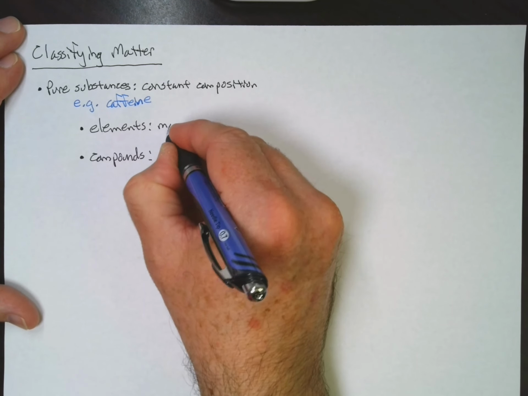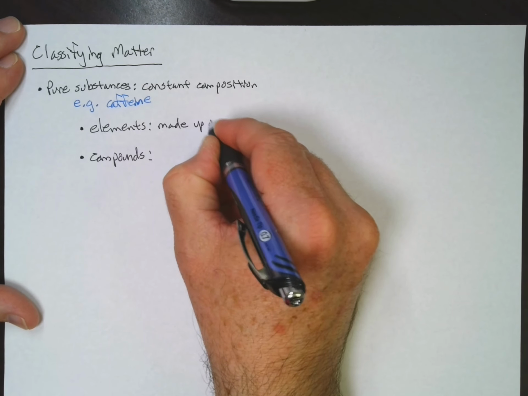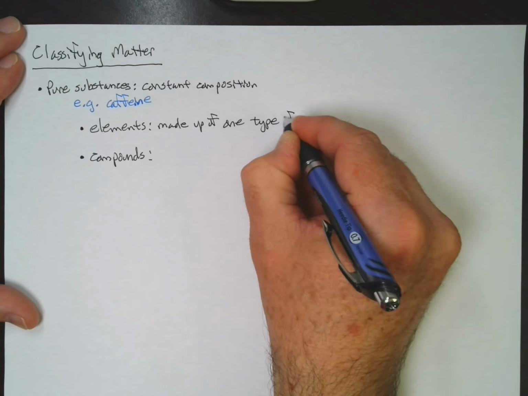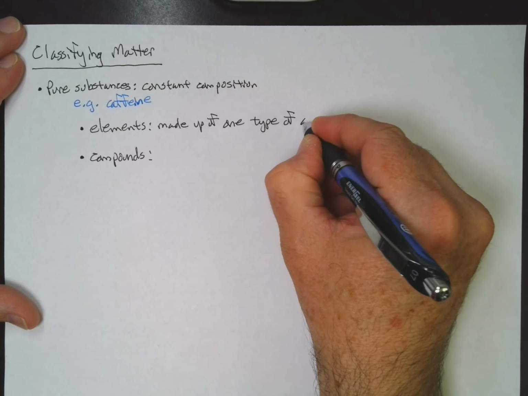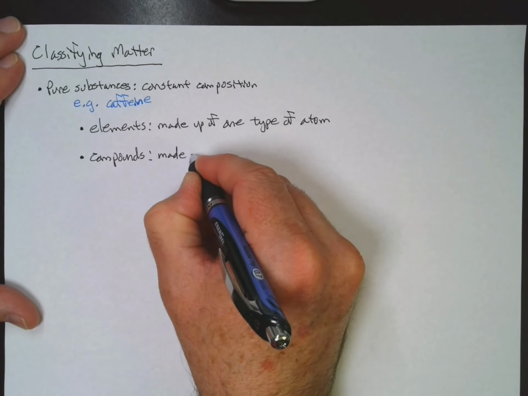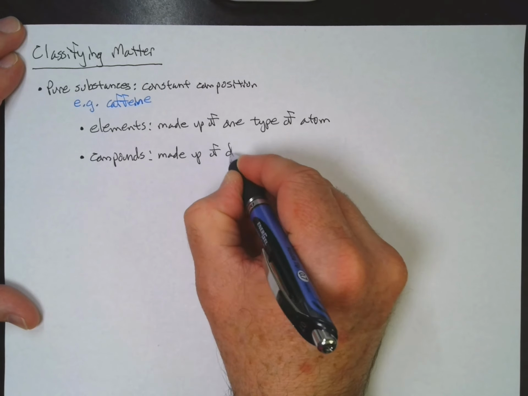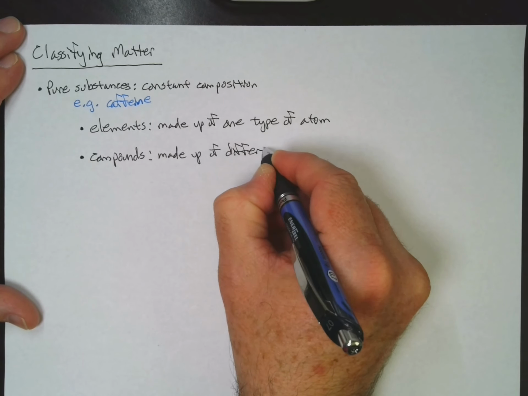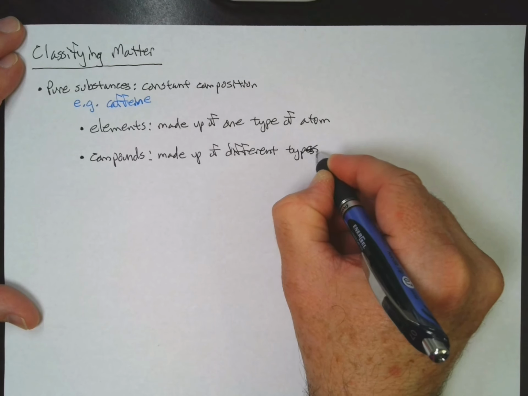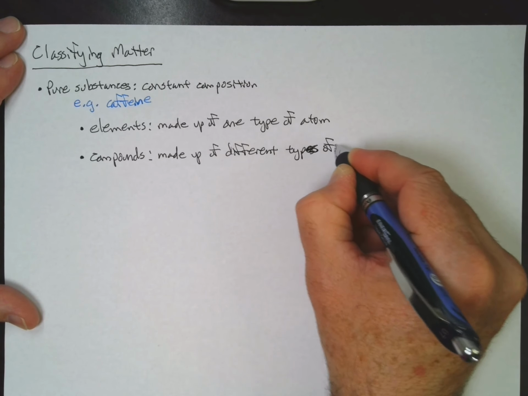Elements are made up of one type of atom, and compounds are made up of different types of atoms.